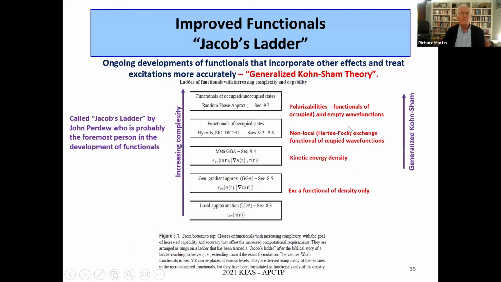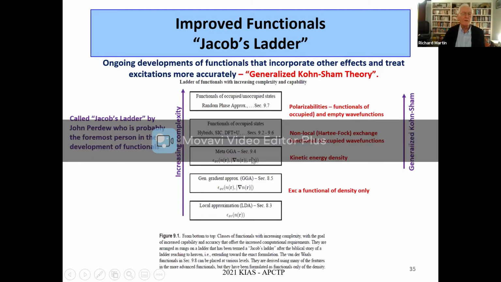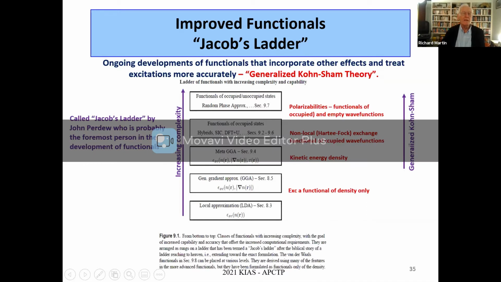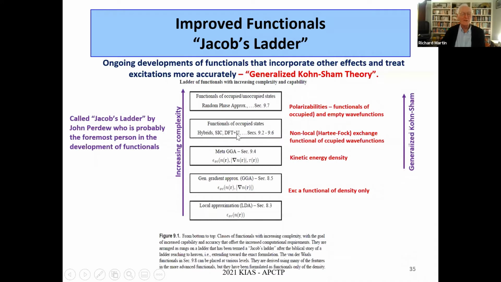So this can be seen as a generalized Kohn-Sham approach in which you treat the exchange-correlation functional as not just a functional of the density, but add information from the wave functions, like the exchange from Hartree-Fock that's included in hybrid functionals. And in the DFT plus U calculation, you're adding an extra interaction, called U, to the system for selected wave functions.